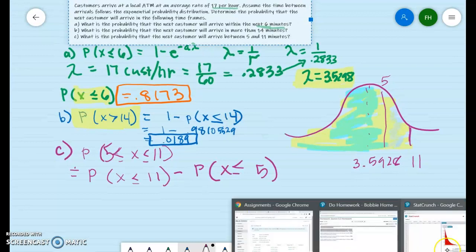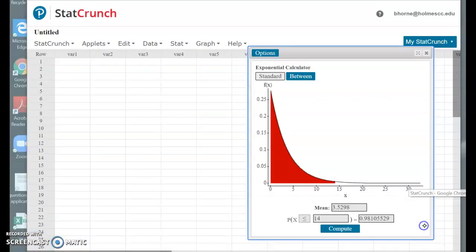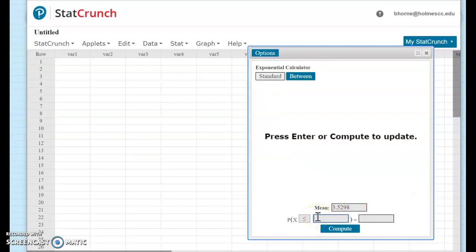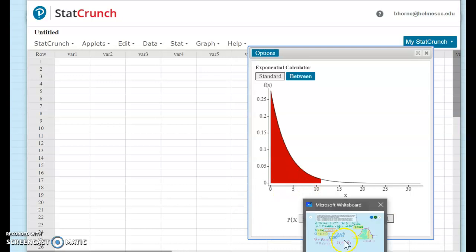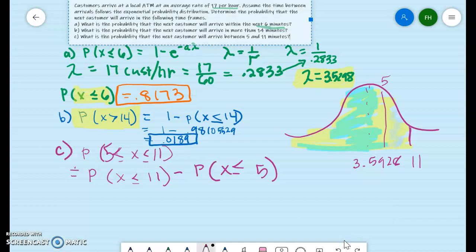So go to your calculator and you're going to do 11 first. So that's 0.955680021. And I didn't round here, and it worked. So I'm assuming that it's okay to just put the whole number in the calculator.